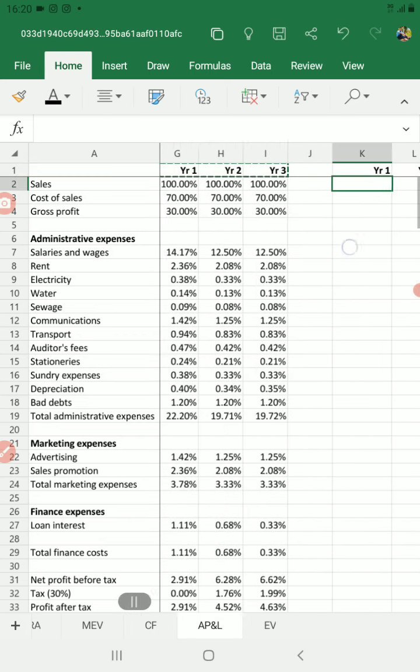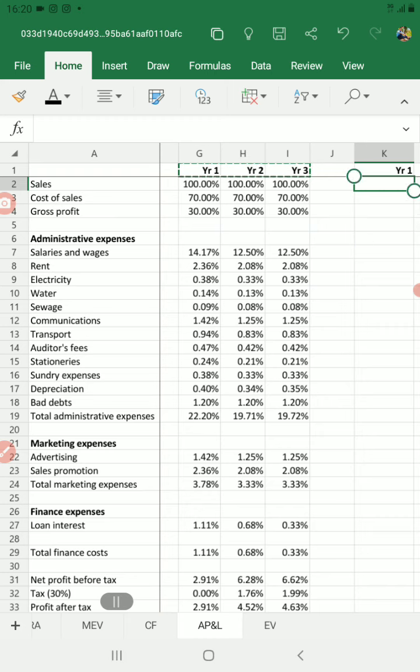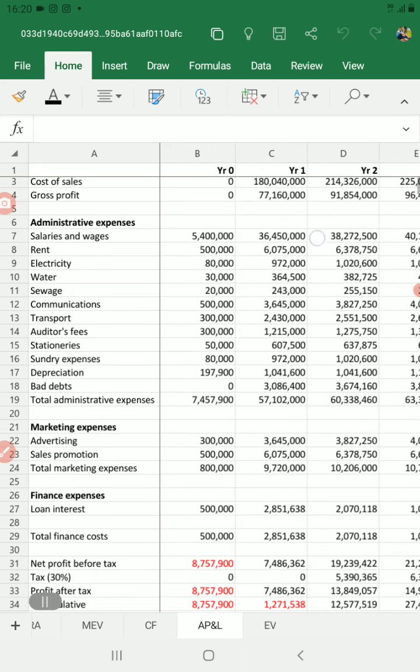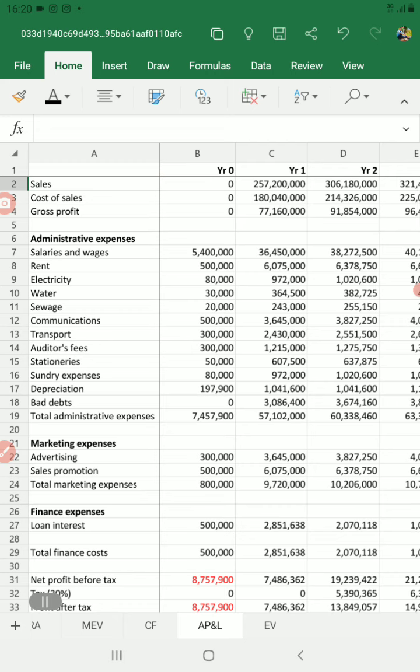So we are going to use year one as a baseline, and we look for changes in absolute amount. For example, year one the sales figure was 257.2 million. In year two it is 306.18 million.